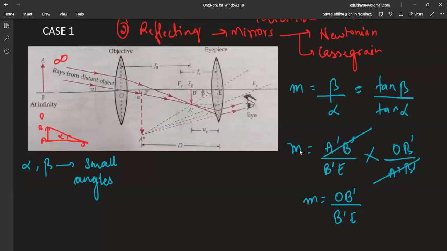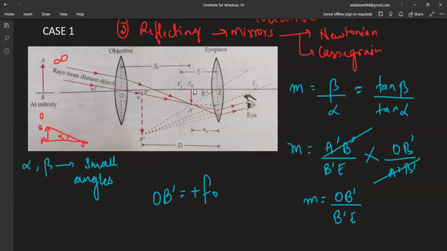Now what is OB dash? Look, OB dash is the entire focal length of the objective lens, right? OB dash is the focal length of objective lens, and this is behind this lens, so it is positive focal length. And what is B dash E? This is not the focal length of eyepiece, sorry. You can see the object distance. This intermediate image is acting as the object for the eyepiece.